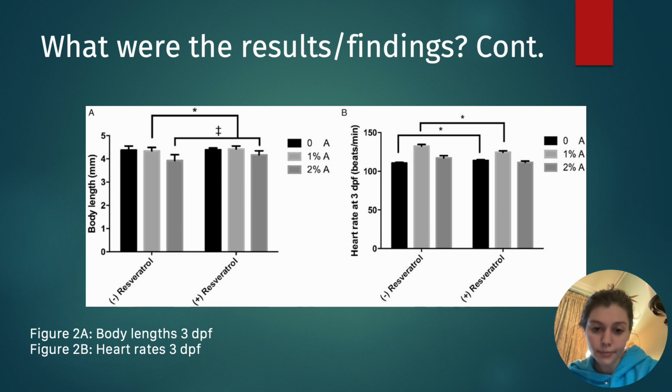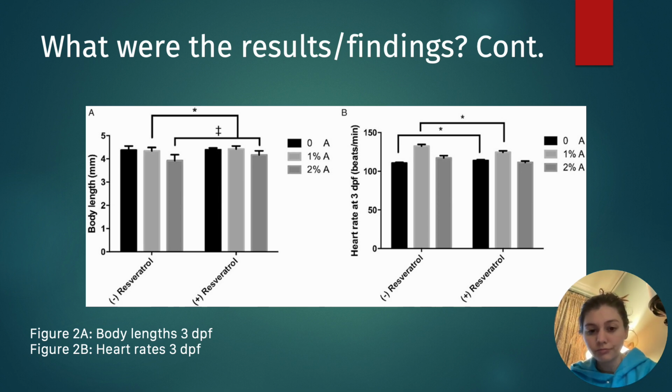But on the other side, figure 2B, the heart rate. So the heart rate was lowered in the 1% resveratrol treated group, and there was no significant effect in the 2% resveratrol group when comparing the groups simply exposed to alcohol versus the treated alcohol-exposed groups.